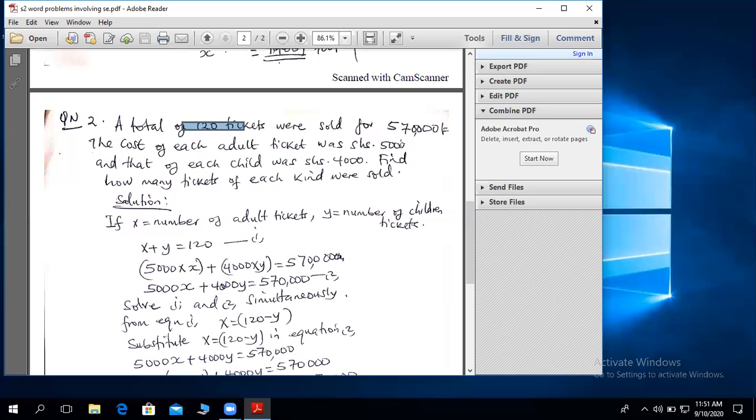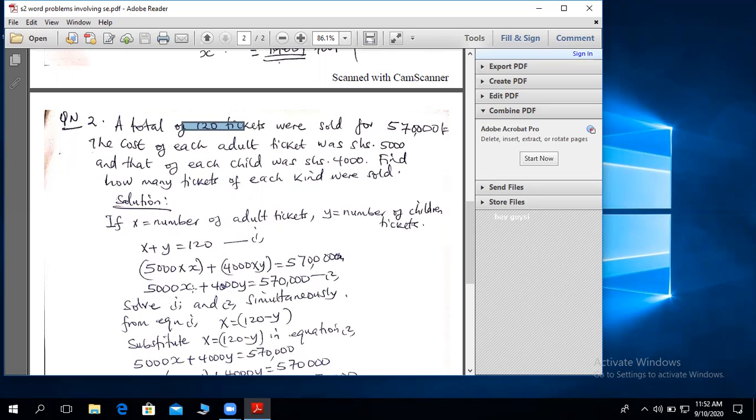The number of tickets for adults, you have called X. That means the cost of tickets for adults is going to be the amount for each ticket, which is 5,000, times the number of tickets, which is X. That's how I'm getting 5,000 X. Then the tickets for children, each ticket costs 4,000, meaning we shall have 4,000 times the number of tickets for children, which is Y. We have 4,000 Y. So the total amount spent on tickets is 570,000.